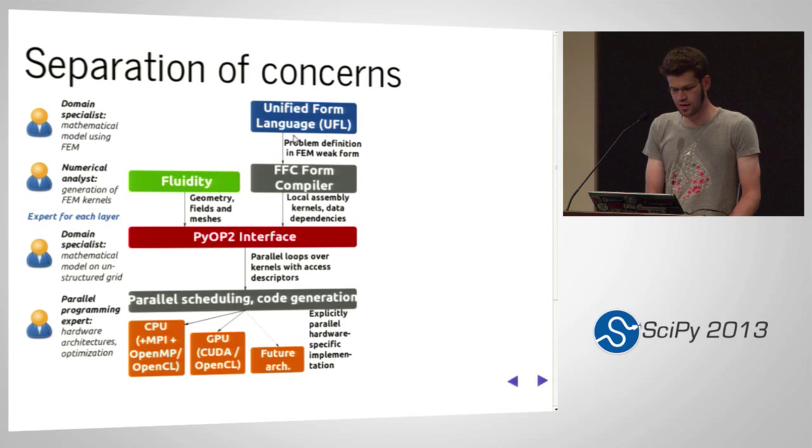But those that have problems to solve that don't fit the finite element model, but that are still unstructured, can write their kernels by hand or use some other means to get a kernel, and they can work directly at the PyOP2 layer. And of course, there is room for people to contribute to either of these layers.